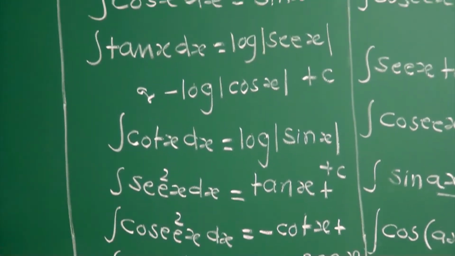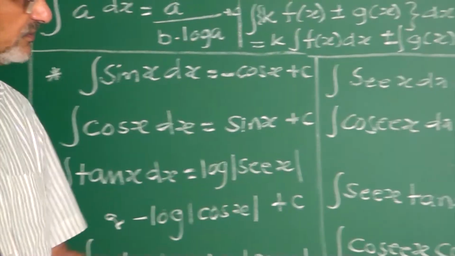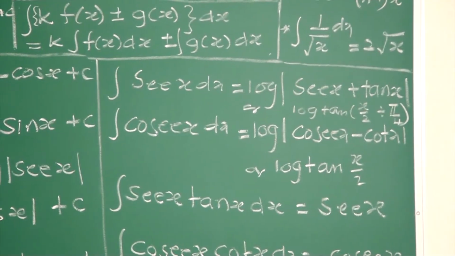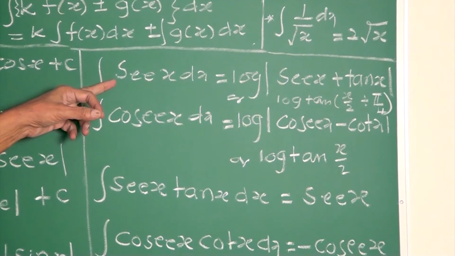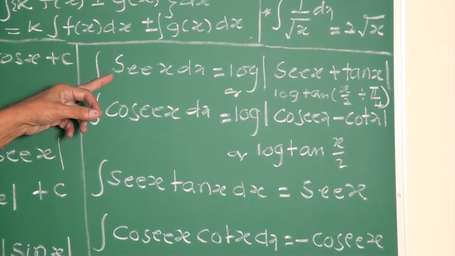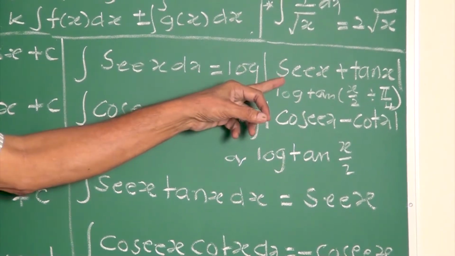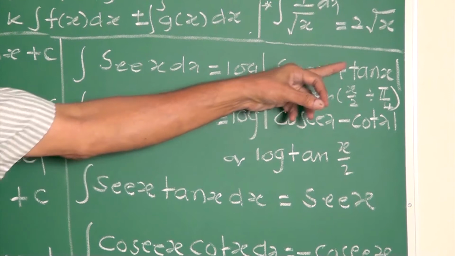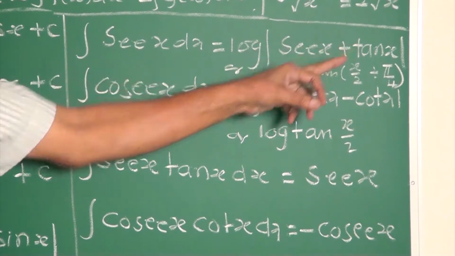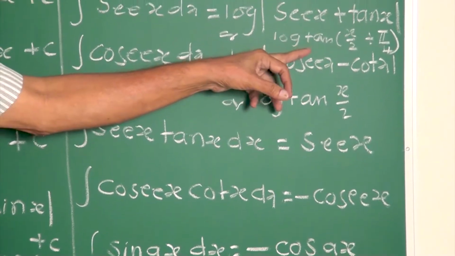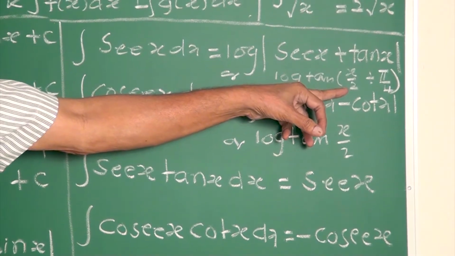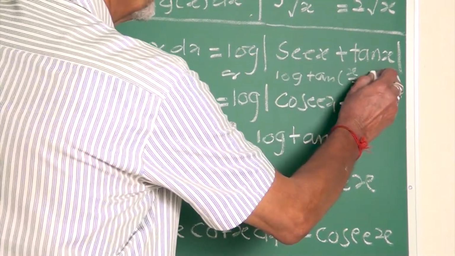Then you are left with two more here. Integral sec x dx is log sec x plus tan x. Converting sec in terms of cos and tan in terms of sin by cos, and simplifying, you get log tan of x by 2 plus pi by 4.